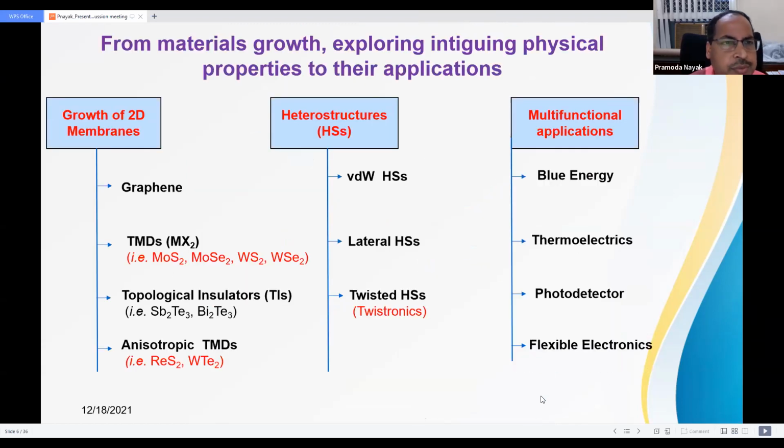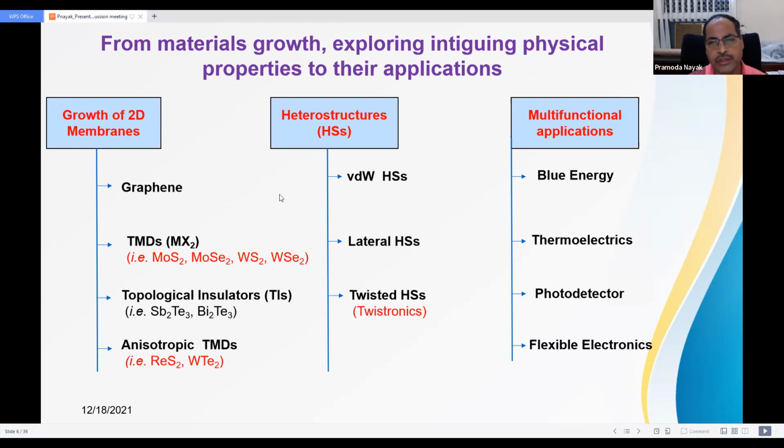So what our group is doing, starting from material growth and exploring the intriguing physical properties, to their application. Mostly we prepare materials such as graphene, TMDs, molybdenum disulfide and diselenide, tungsten disulfide and diselenide, and we also prepare topological insulators. Recently we have started some work on anisotropic TMDs, so we can find the different anisotropic parameters of this material.